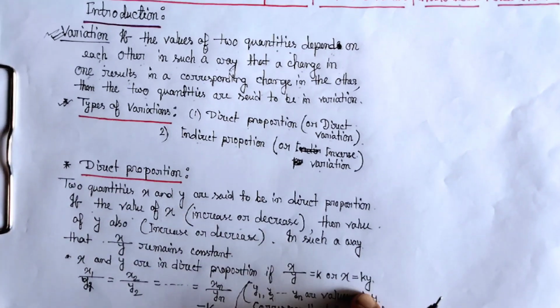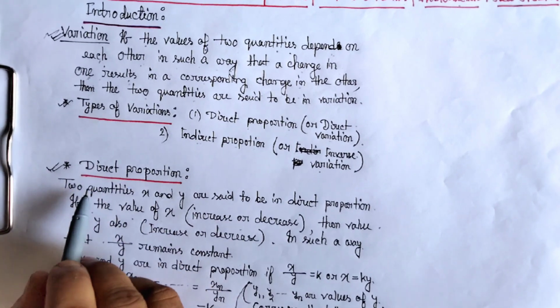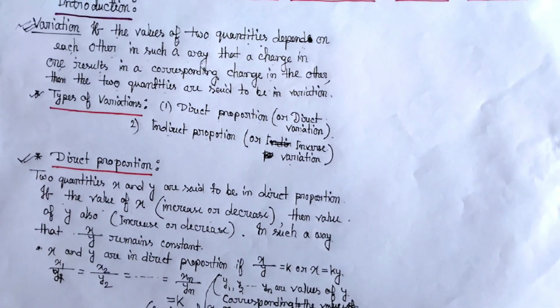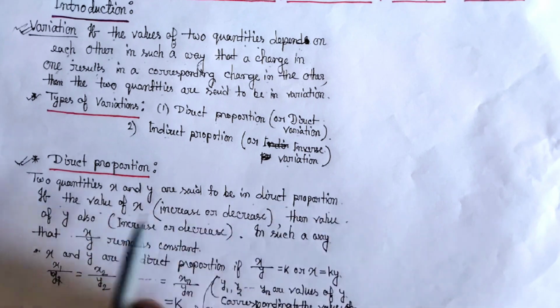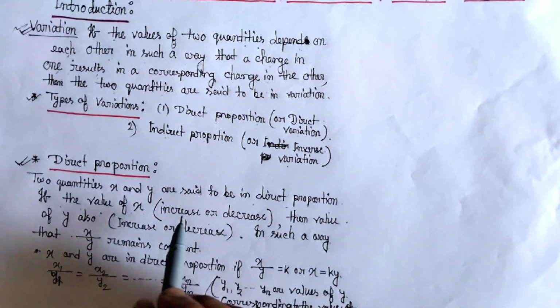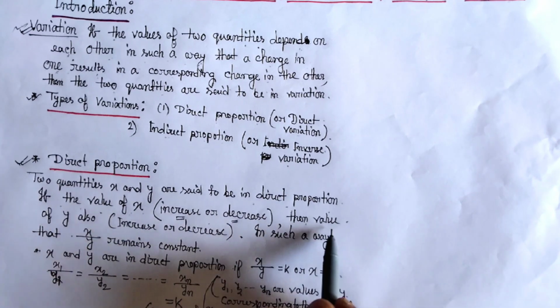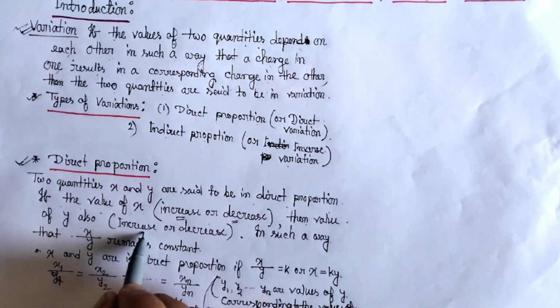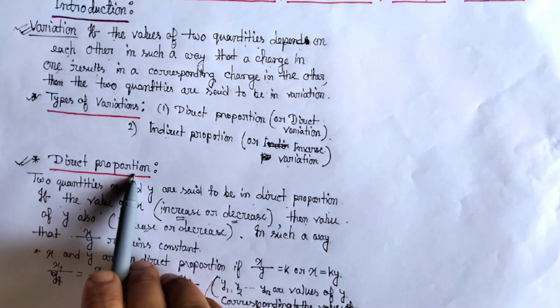In direct proportion, two quantities, suppose x and y, are said to be in direct proportion if the value of x increases or decreases, then the value of y also increases or decreases. So it is called direct proportion.